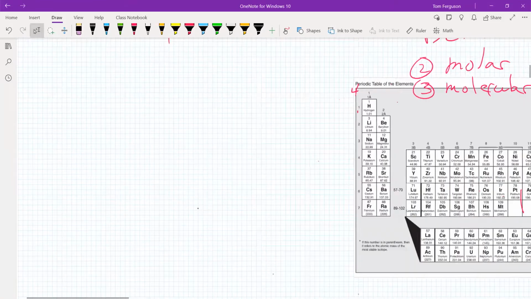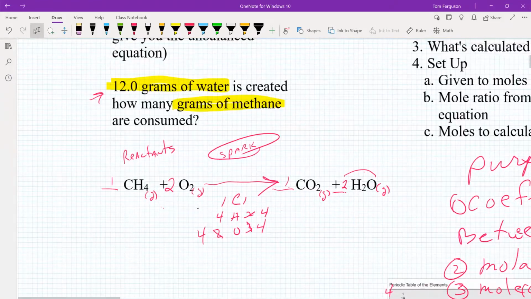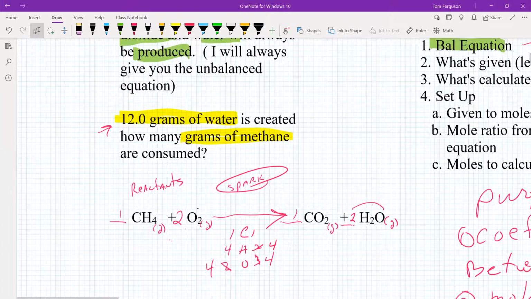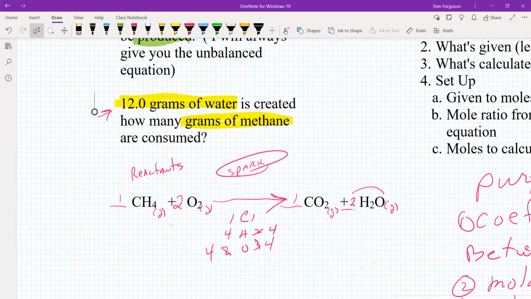Step number 1 is we have to convert the given to moles. The given is 12 grams of water, and I'm calculating grams of methane.